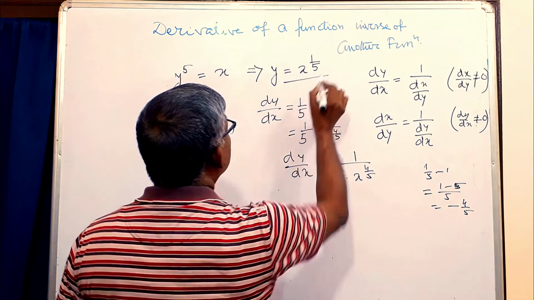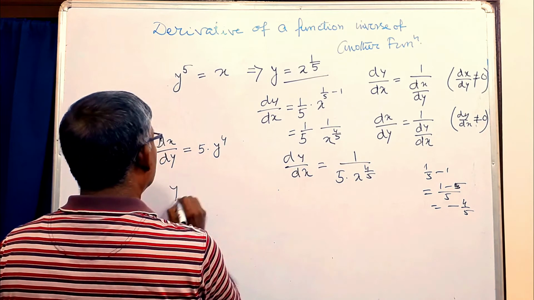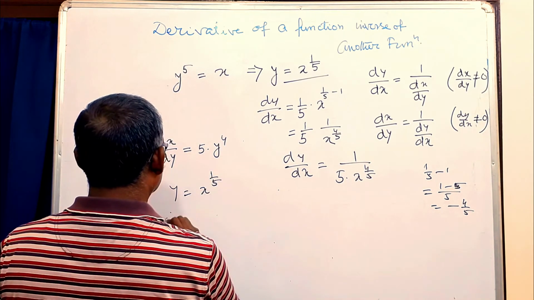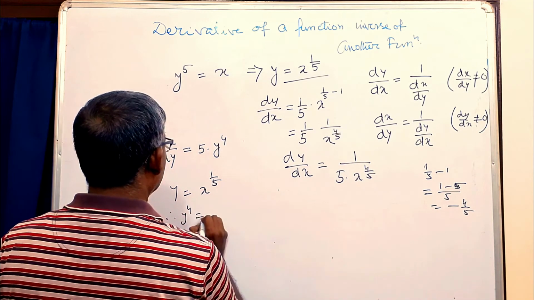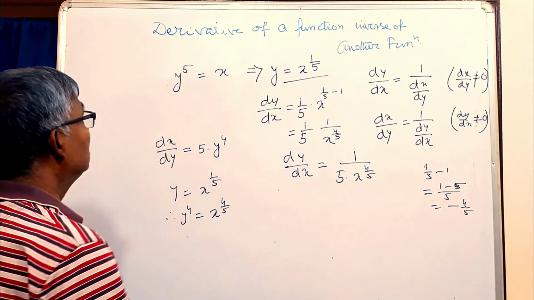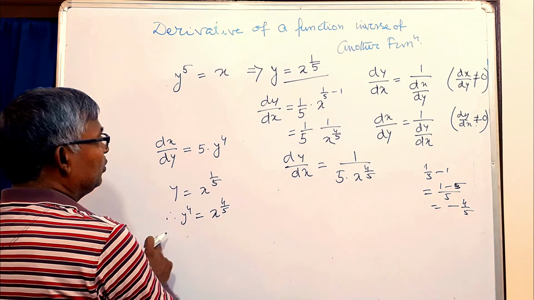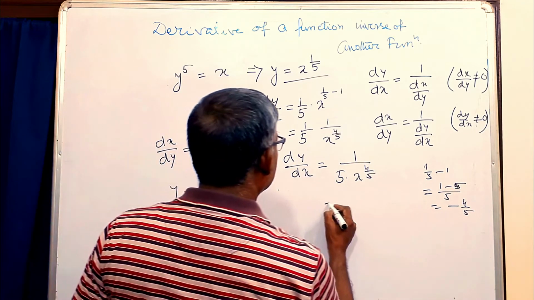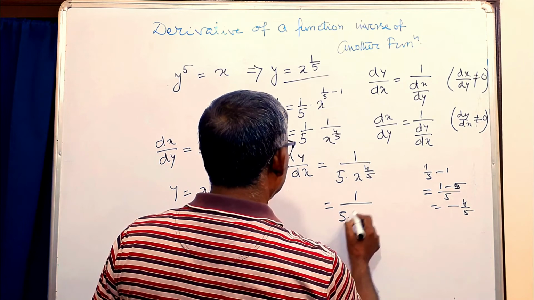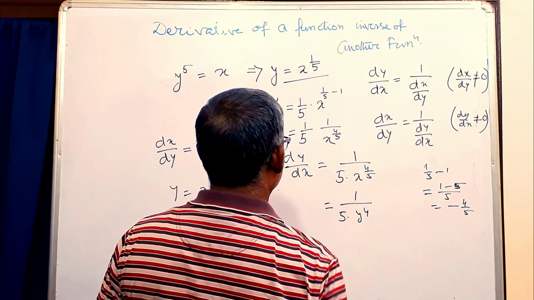From this relation we get y equal to x to the power 1 by 5. Therefore y to the power 4 equals x to the power 4 by 5. Clearly we can get it. So put this value here. So that will be 1 by 5 into y to the power 4.